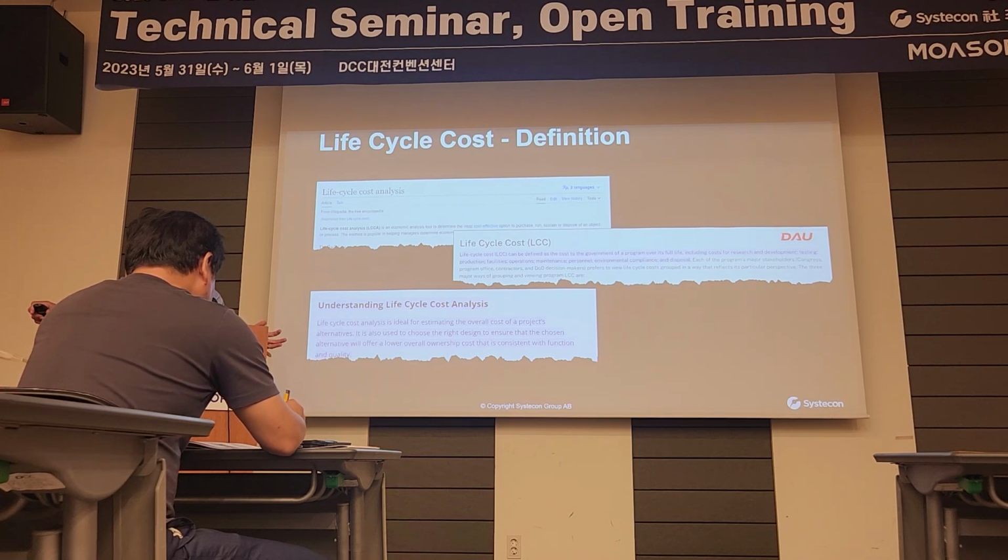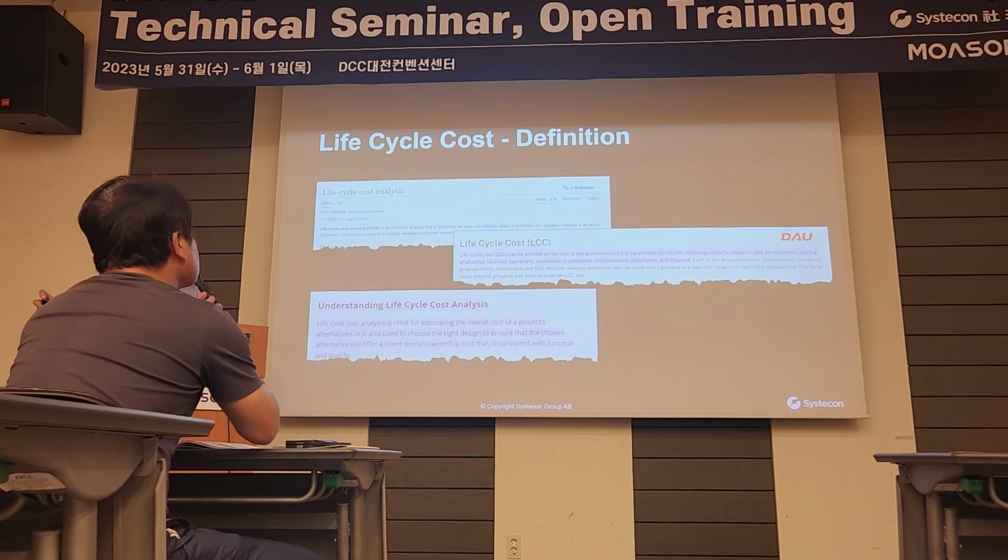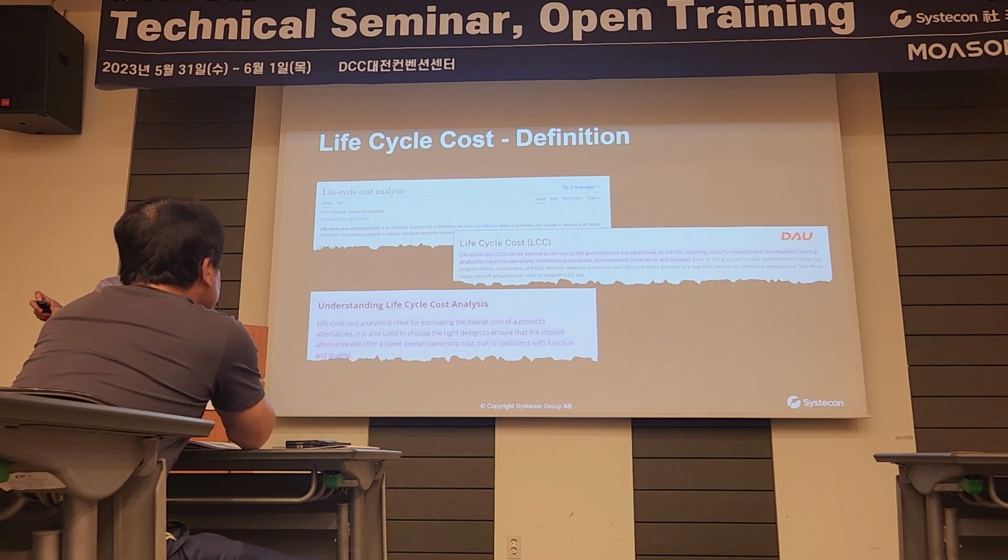It is more of a tool and a process to be able to assess cost consequences and cost impact over the entire process phases of a system's life cycle. So it's not necessarily the actual costs that will be incurred, but more a process and a tool. We will see more about that.